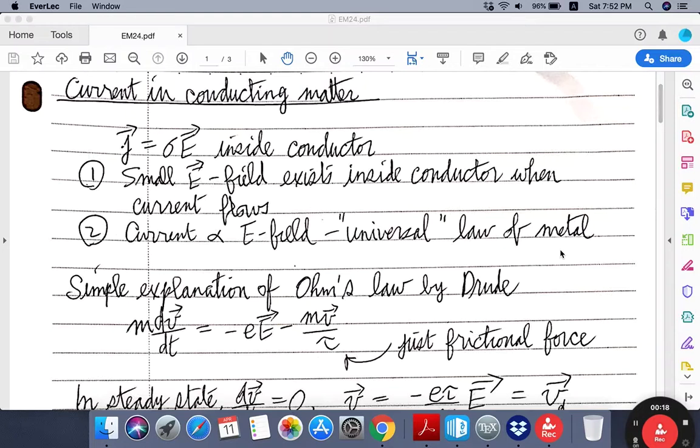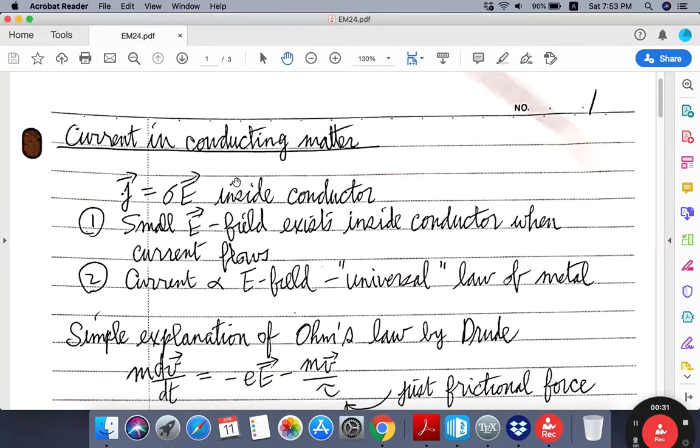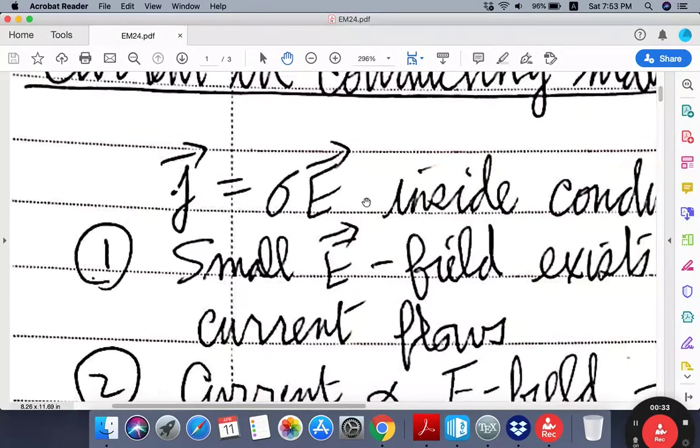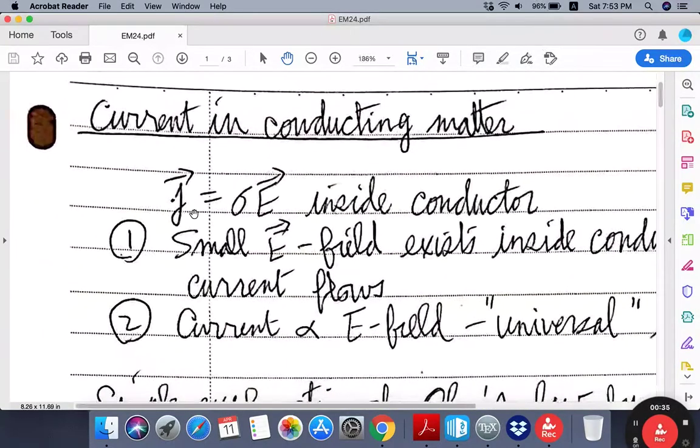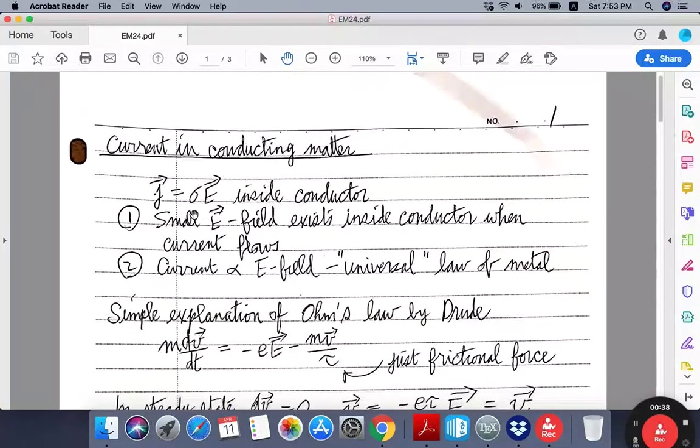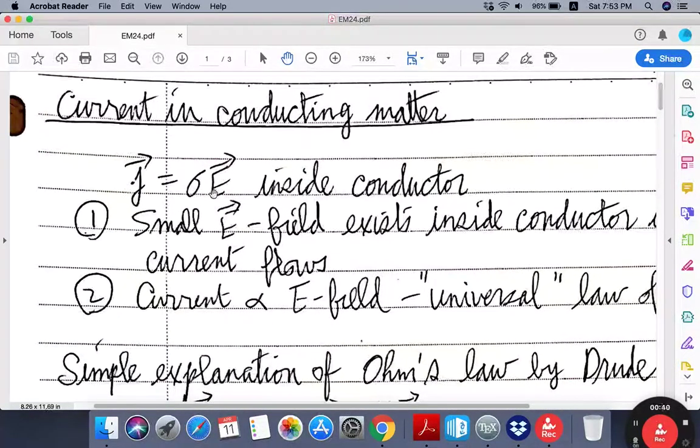Pretty much the fundamental starting point of the discussion of current flow in a conducting matter is this equation shown right here, J equal to sigma E. And for those of you who are not already familiar with this, it is in fact a more microscopic way of expressing what's known as Ohm's law.